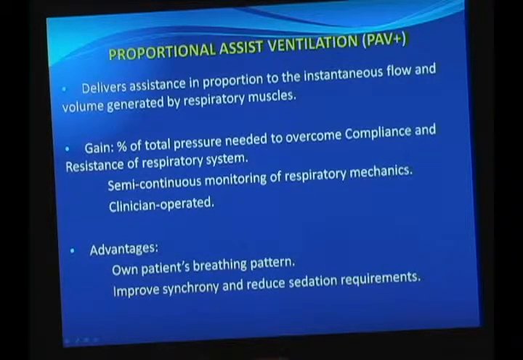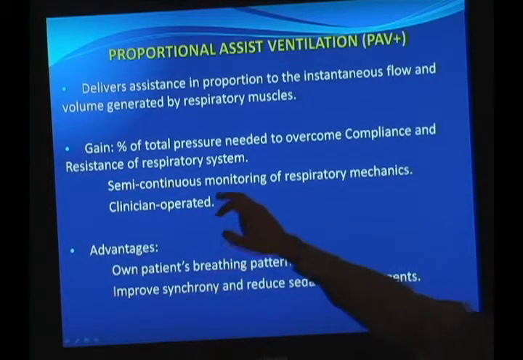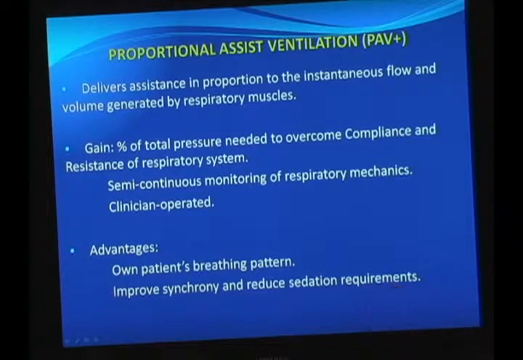This effort produces some flow and volume, and the machine multiplies this by a number that we can set. We set that by setting the gain, that is the percentage of the total calculated pressure needed to introduce the air into the lungs. So if the patient makes a certain effort, the machine can make twice that effort, or 3 times or 4 times the effort actually produced by the patient.